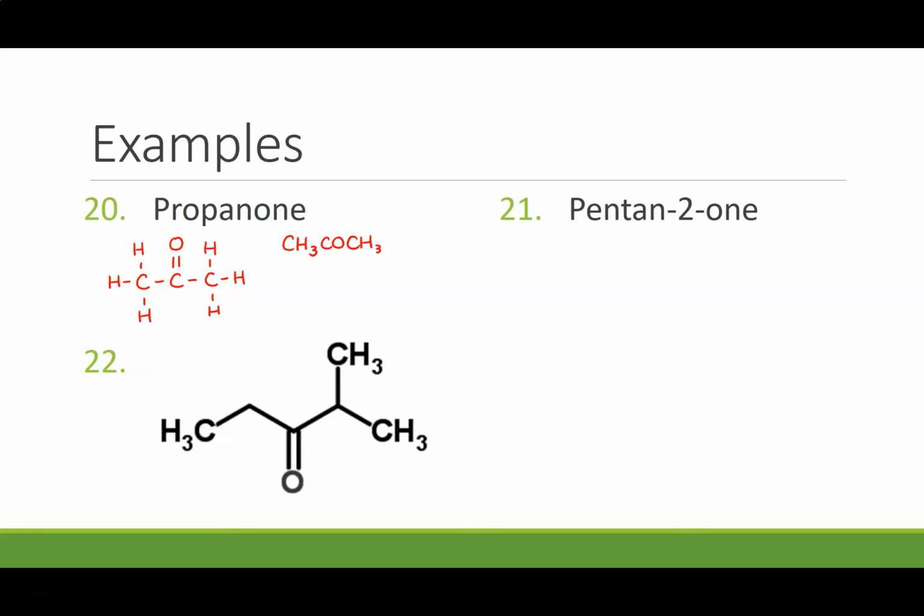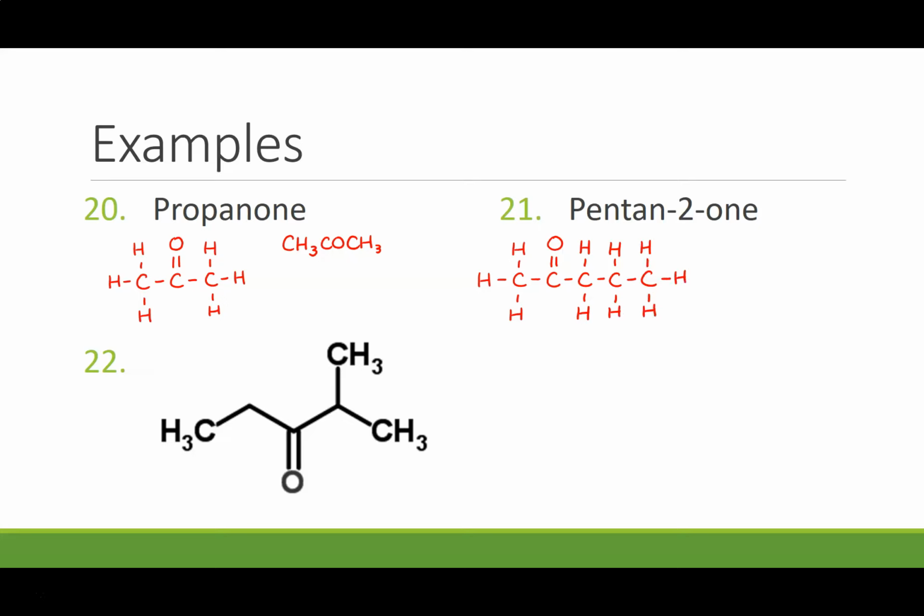Number 21, pentan-2-one. Pent means 5 carbons, all bonded by single bonds. Carbonyl group on carbon 2, and now carbon 2 doesn't need any more bonds, so don't attach any hydrogen to it. And to complete this structure, we just need to fill in the hydrogens for the other carbons.